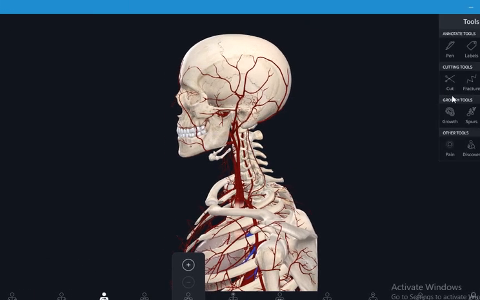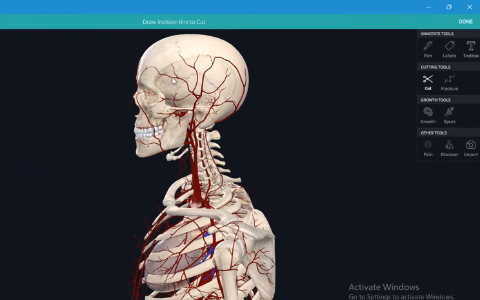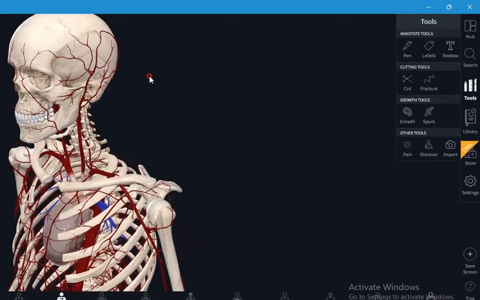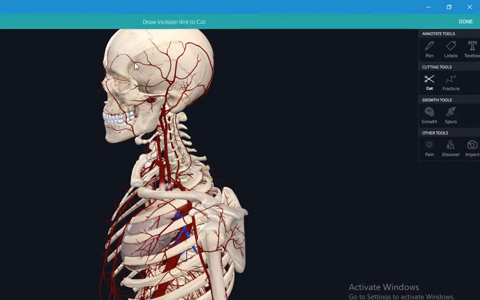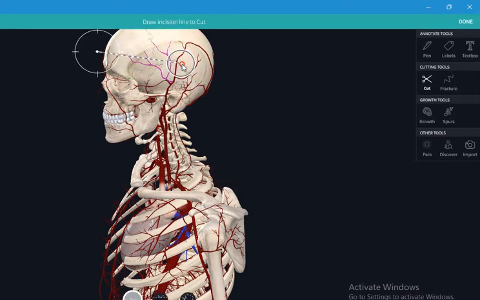So let's cut now the head and visualize what is found inside. So we first start by cutting the occipital up, and then we cut the sphenoid bone up.